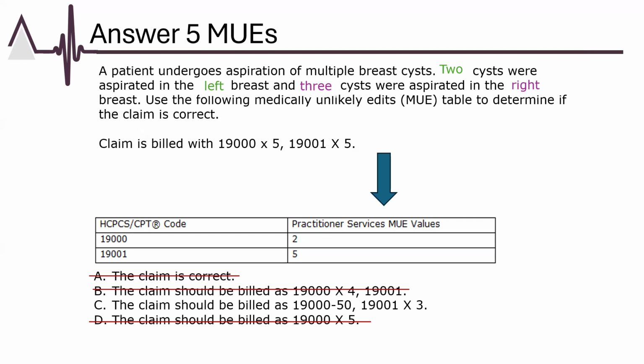Code 19000 with 50 modifier is used for 1 breast cyst aspiration in each breast, with 19001 being an add-on code for each additional breast cyst aspiration in either of the breasts. According to the MUE, code 19000 can be reported twice. Add-on code 19001 is reported with 3 units for the 3 additional cysts that were aspirated.